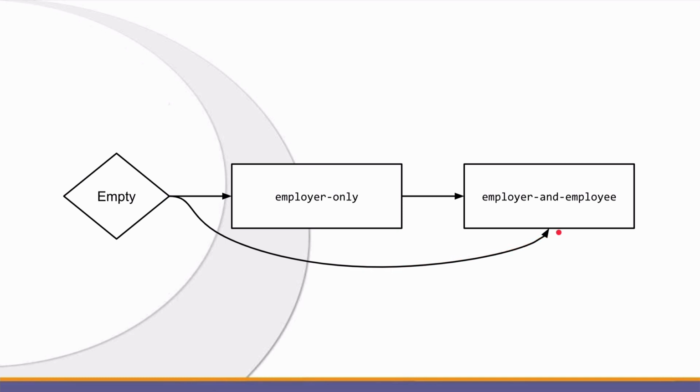We've seen that the visibility of fields and sections can depend on the value of other fields, but it can also depend on the current workflow stage. For instance, the employee section should only be editable in the initial stage. So when we are at employer only, and the employer is done and the employee is filling out their own section, then the employer section should be read-only.